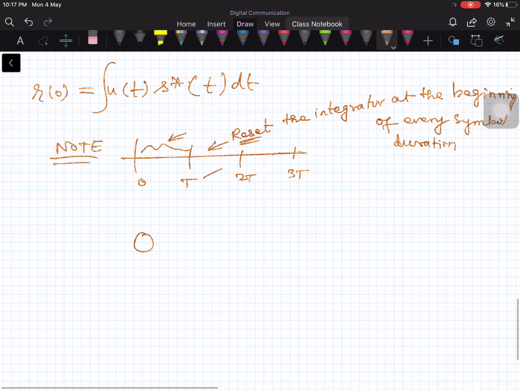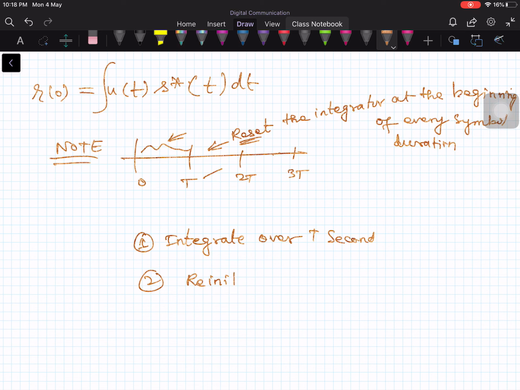The process is: integrate over T seconds, then reinitialize this integrator every T seconds.